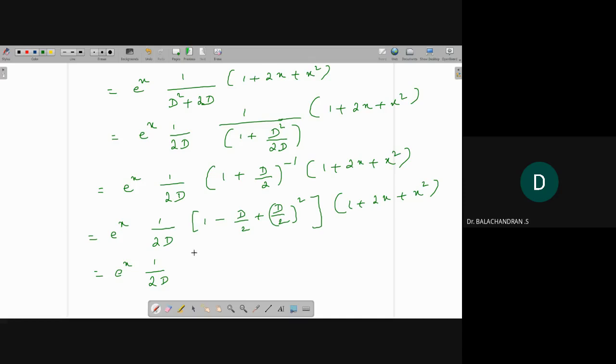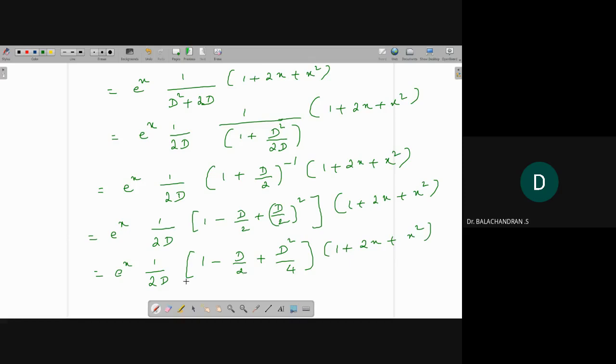Simplify first: 1 minus D by 2, plus D square by 4, into 1 plus 2x plus x square.